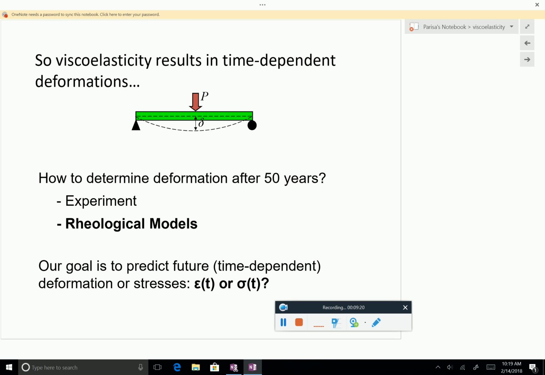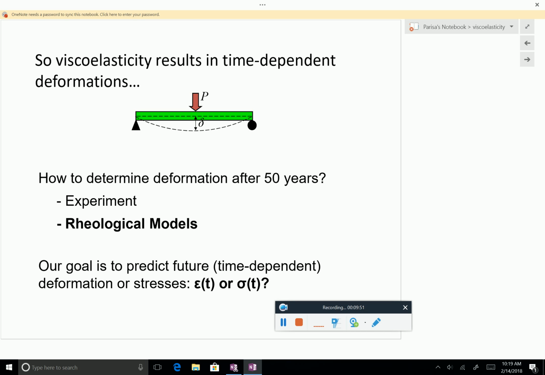In any case, this is important. But it takes a long time to find out how much it will be in 50 years, over the duration of, let's say, the service life of a girder. So one way to find out what's going on is to carry out experiments for 50 years, which is a little bit too long, right? And the other is to try to develop some models that can explain the behavior. And you have already seen these models.